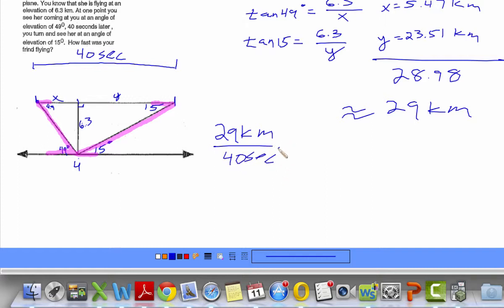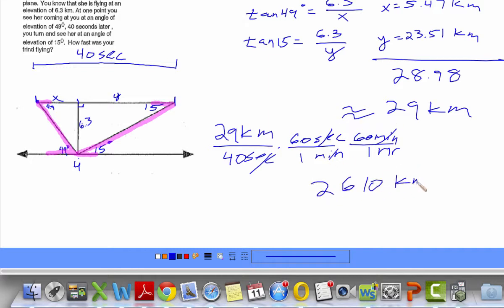we can figure out kilometers per second, but we probably want to figure out kilometers per hour. So I can do 29 times 60 times 60 divided by 40 and get 2,610 kilometers per hour.